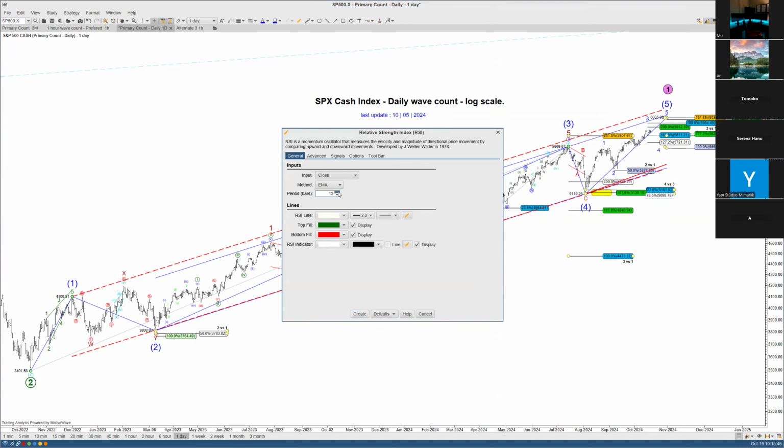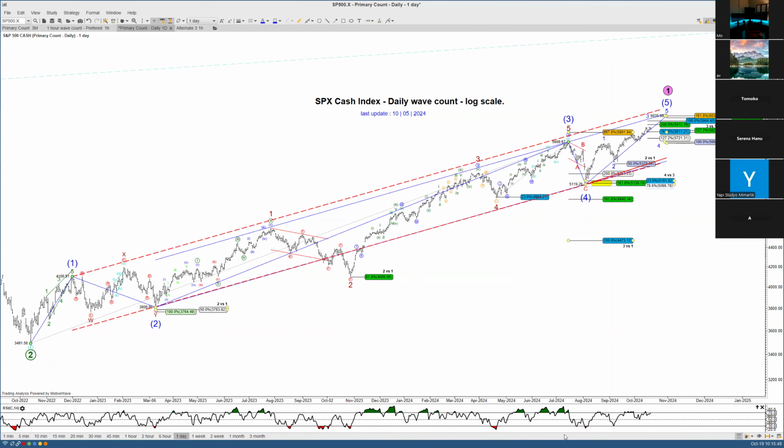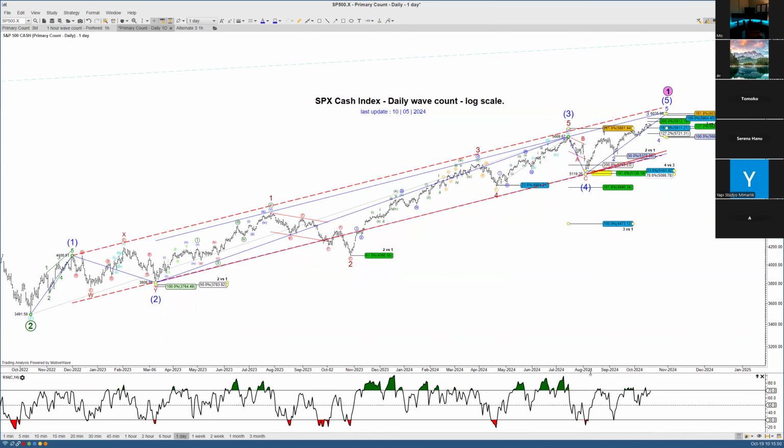So what do you use, 14? You see? See all this? See how overbought the market was right here? See, when you come to 200 right there, that's your 200 right here.